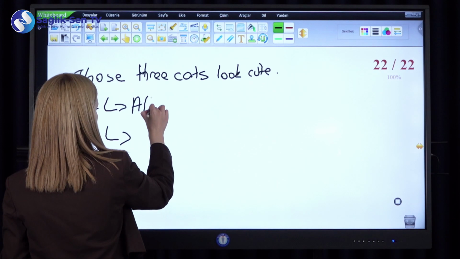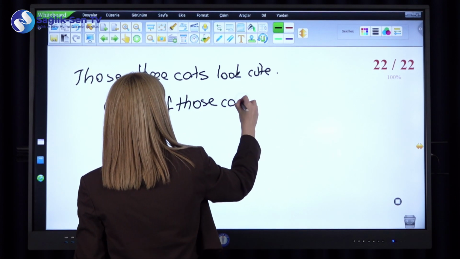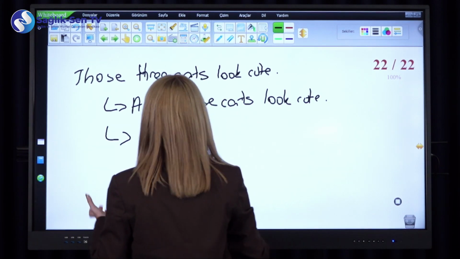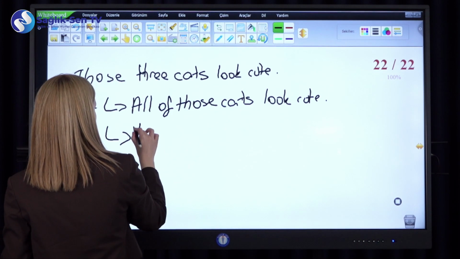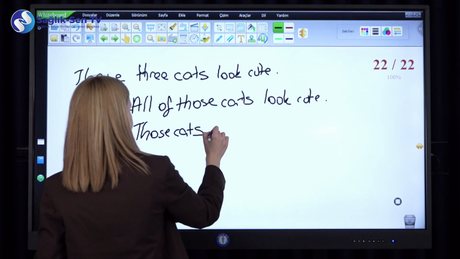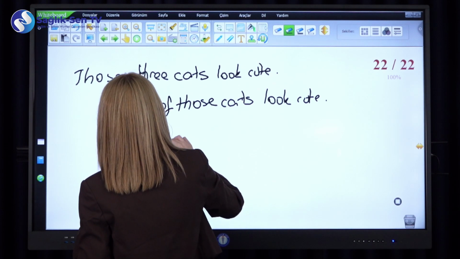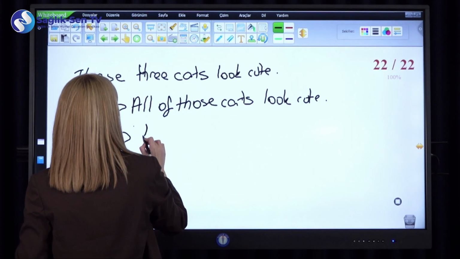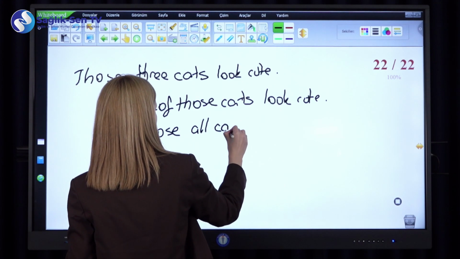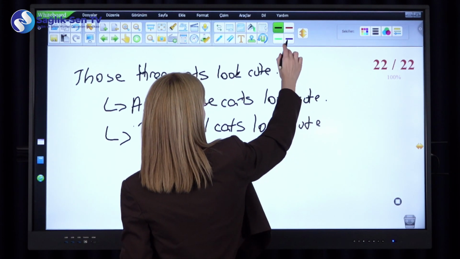I can either say all of those cats look cute, or I can say those cats all look cute.